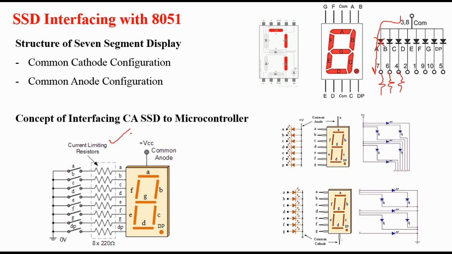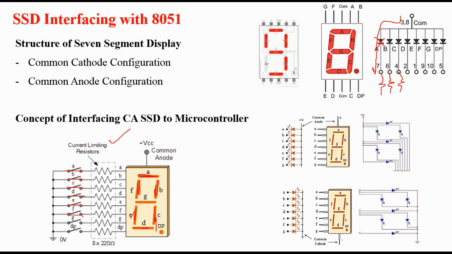As per our discussion, let's say we want to display 0. For that purpose, segment A, B, C, D, E and F should remain on. Only G should remain off. So here G will remain off and each of the other switches should remain on.